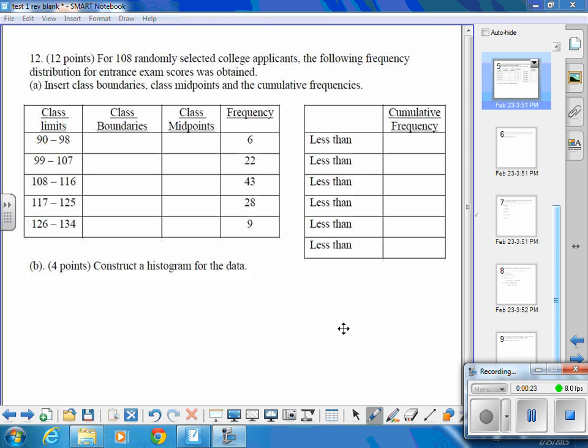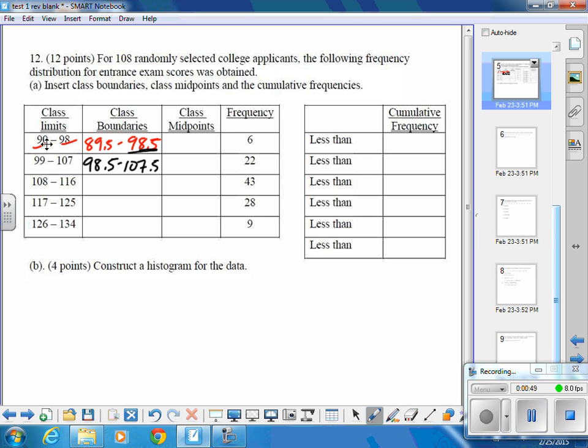The class boundaries, if you recall from an earlier example, are going to be half a point under this, half a point above this. So this would be 89.5 to 98.5. Now, the next one starts out with this exact one. Whatever the last one was for the previous, that's where this starts. So 98.5 to 107.5.